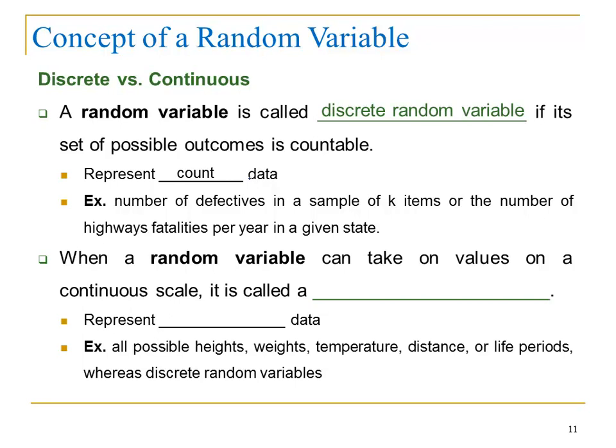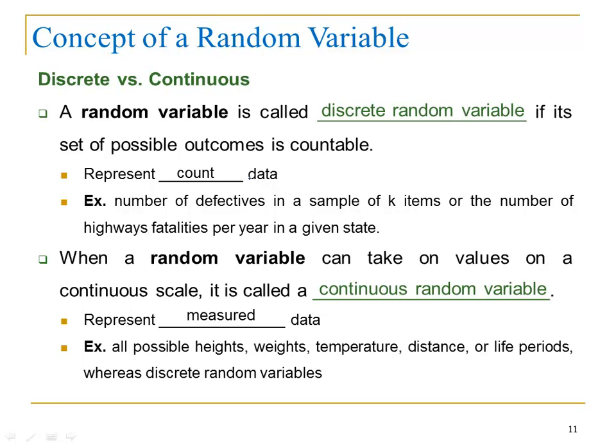Now, when a random variable can take on values on a continuous scale, it is called a continuous random variable, and it represents measured data: all possible heights, weight, temperature, distance, life periods, whereas discrete random variable counts. Is that clear? It's very important for you to understand the difference.